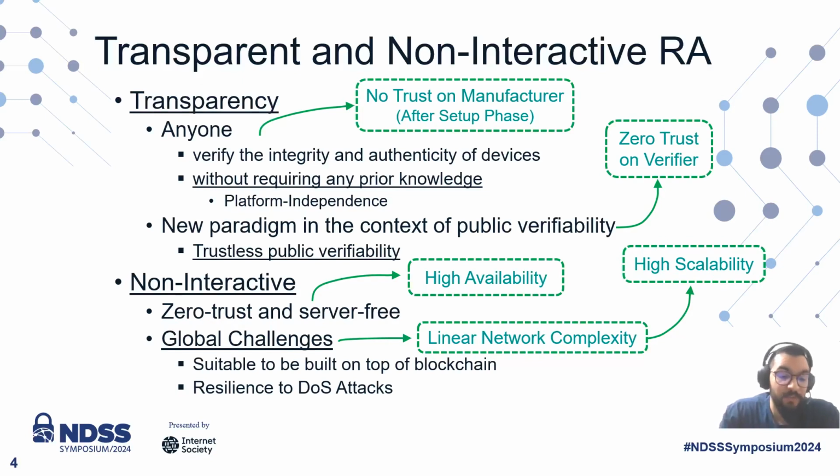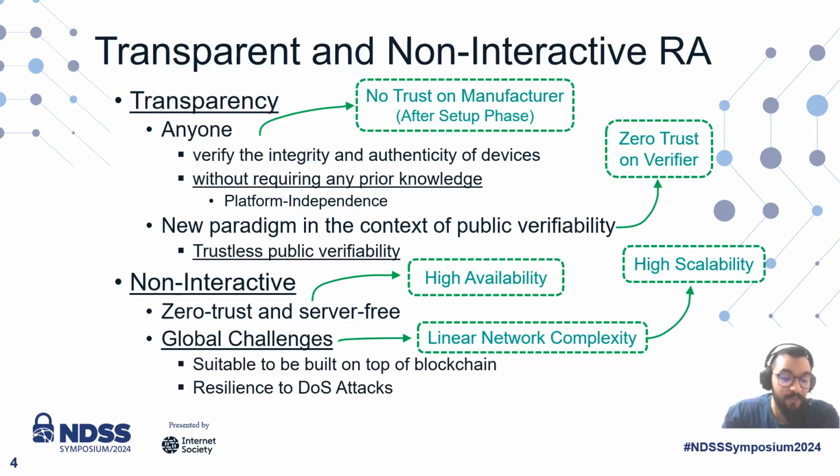In addition to this, the proposed protocol should also be non-interactive. So this means that we have no direct interaction with the device or the manufacturer to verify or attest a device. And between the device and the manufacturer, we don't want any interactions either.